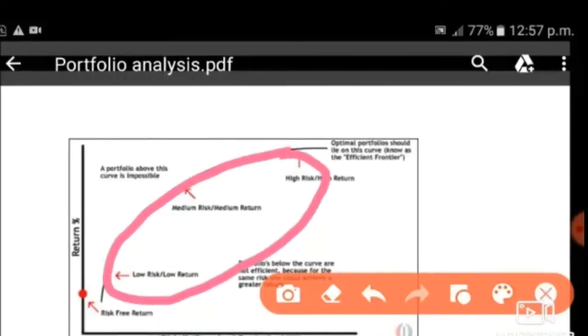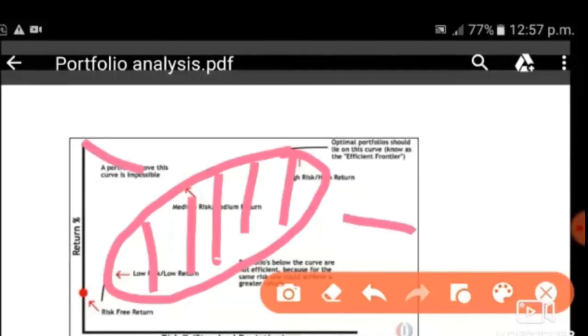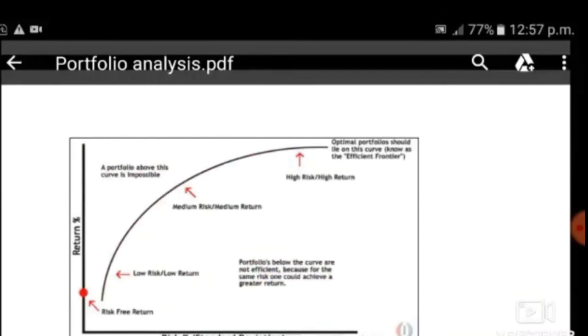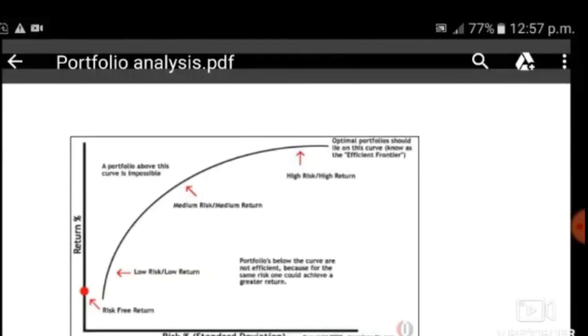So all the portfolios will be here. Only if you add a new security can the portfolio go here or here. Then, the optimal portfolio always lies on the efficient frontier. This is the most important thing: the optimal portfolio is chosen from the efficient frontier, and the efficient frontier takes a concave shape because the securities in the curve are not perfectly correlated.